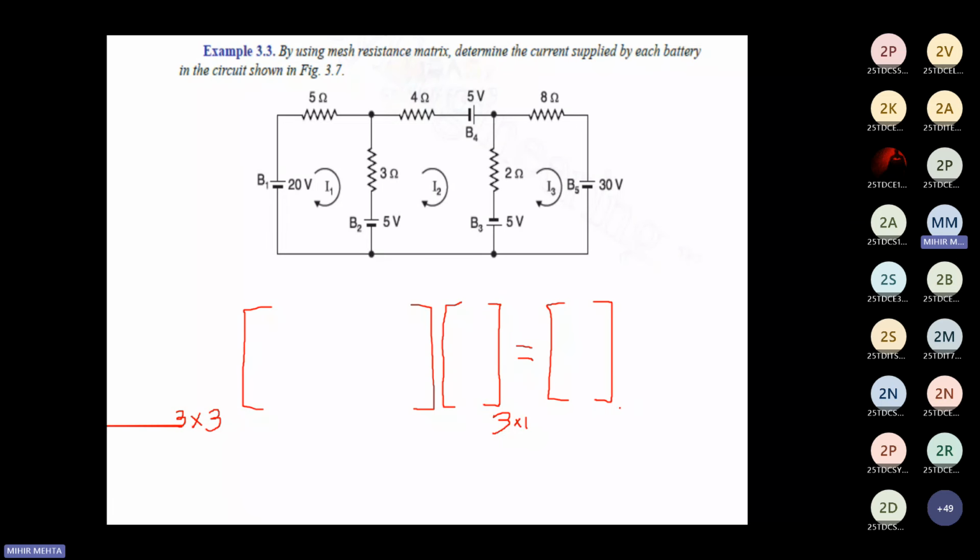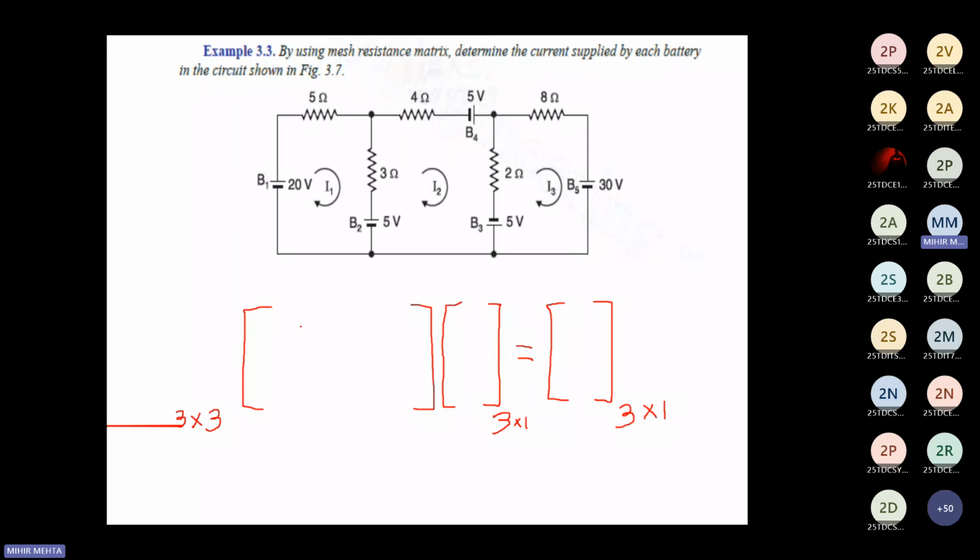And similarly, the voltage matrix would again be 3 cross 1, based on the amount of voltage it has in that particular mesh. Okay. So is this particular thing clear? Any doubt so far? Since we have three mesh, we have a resistance matrix which is 3 cross 3. We have a current matrix which has three currents, I1, I2, and I3. If we had five mesh here, the current matrix would have been 5 cross 1, the resistance matrix would have been 5 cross 5, and the voltage matrix would have been 5 cross 1. So depending on the number of mesh, the dimensions of your matrix would change.